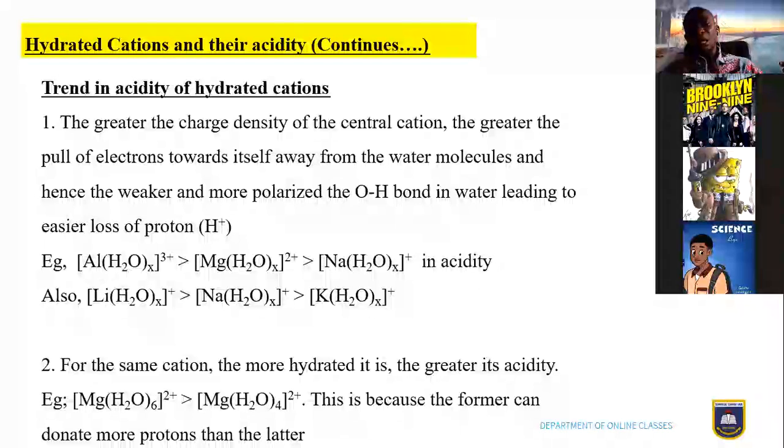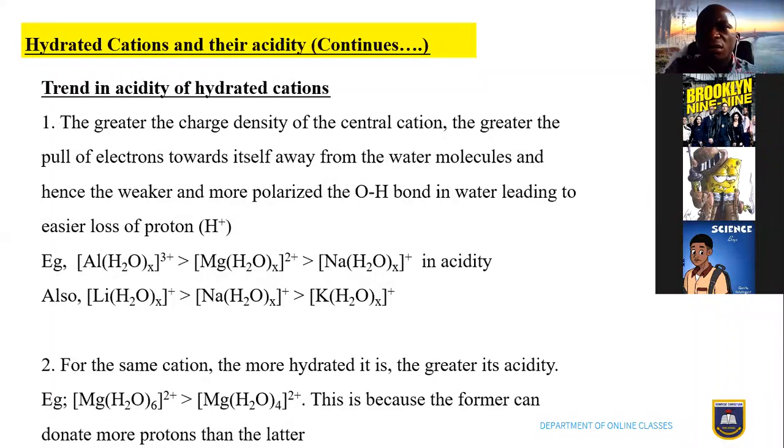So because size increases in that order, charge density increases in the order Ca less than Mg less than Be. So you are saying beryllium has the highest charge density because it has the smallest size. Then you can conclude the higher the charge density, the stronger the pull of the electrons in the OH bond, the weaker the OH bond becomes, making it easy to break to release H plus. And that determines the strength of the acid, hence the order. That's how you explain these things.